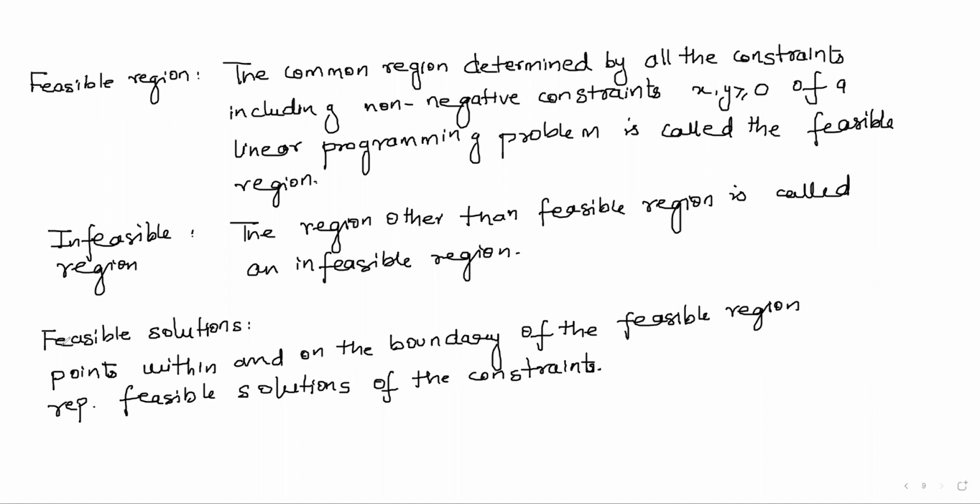So all the points which lie inside the feasible region or on the boundary of the feasible region represent the feasible solution. Please note down this and then confirm to me. We have some more terms. After that, we can start the question.